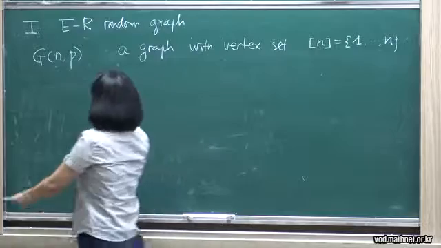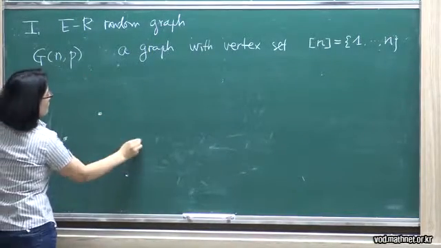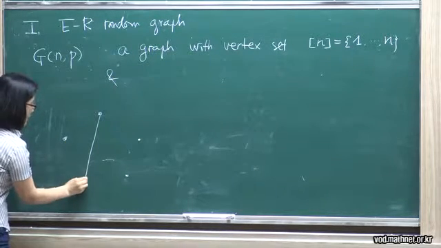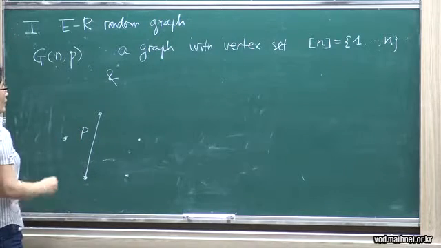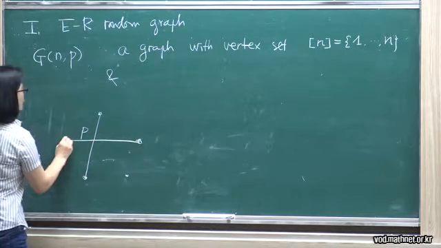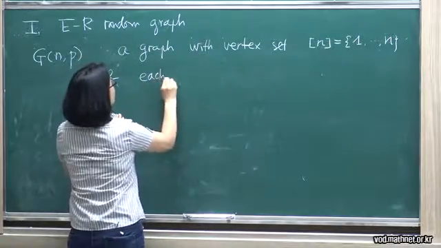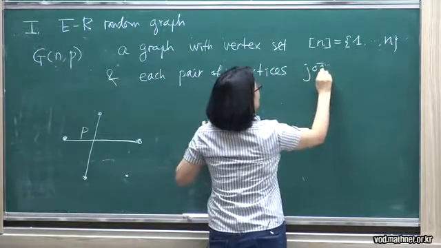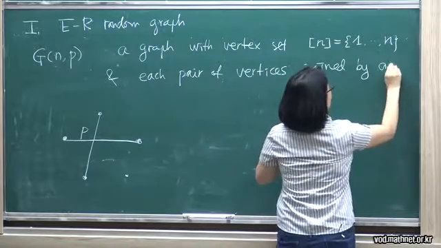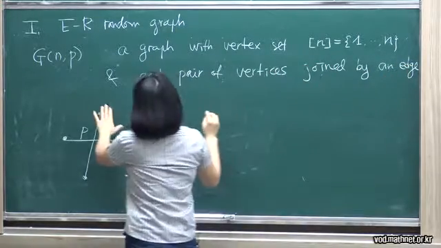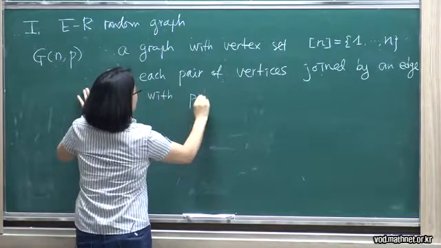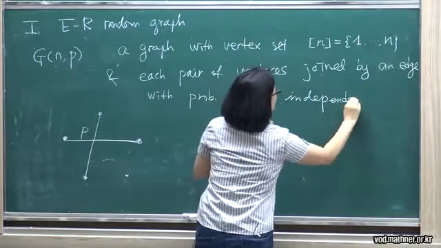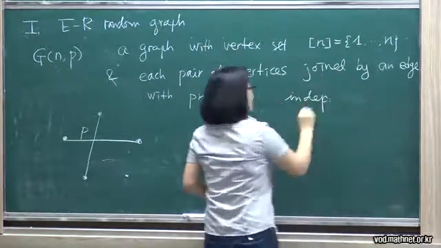So we have n vertices, and each pair of vertices is joined by an edge, or line if you want, with probability p, independently of each other. Independent, too long, so independent.